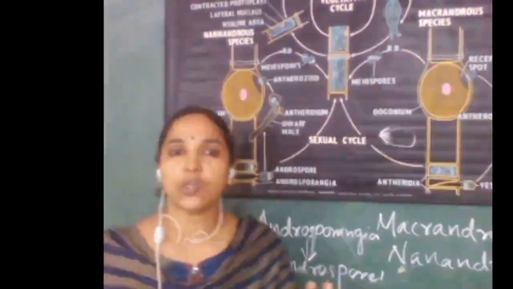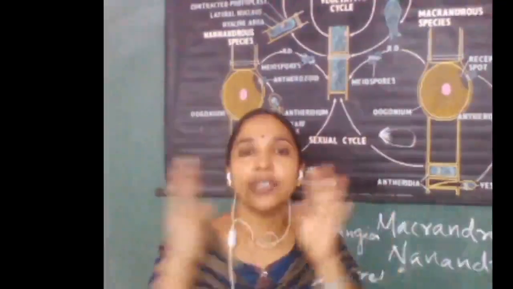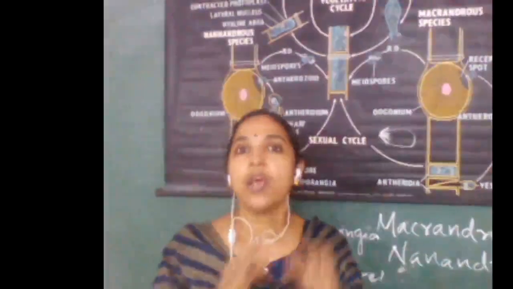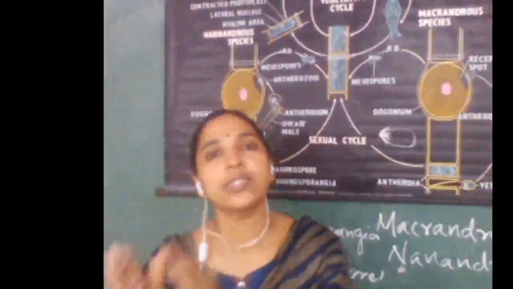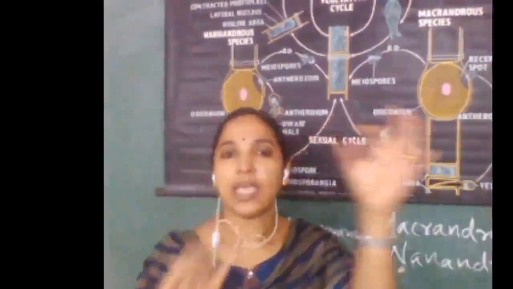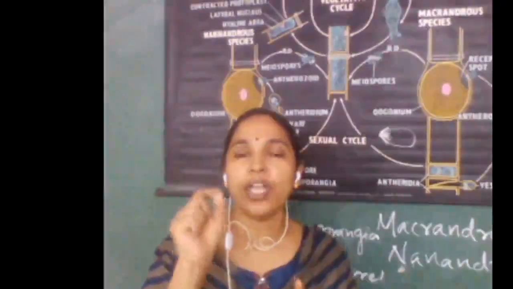Then how does sexual reproduction take place? It is of the oogamous type, with antheridia and oogonia produced. And there are two groups of Oedogonium. One is Macrandrous, another one is Nanandrous. In Macrandrous, the oogonium and antheridia are in the same filament. But in Nanandrous, the oogonium is in one filament and the antheridium is in a dwarf male called Nanandria.